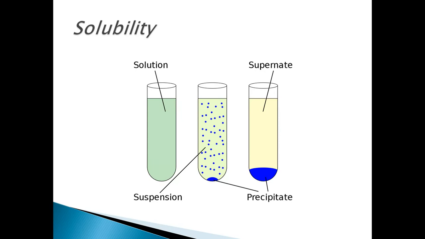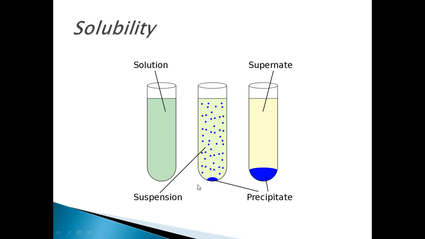We can also visualize solubility in this chart here. If you look at the first test tube on the left, this is a perfectly soluble substance in the solvent. You can see that in this one, apart from the color, you can't see any particles. But if you consider the second one, you can see some particles suspended in the liquid.